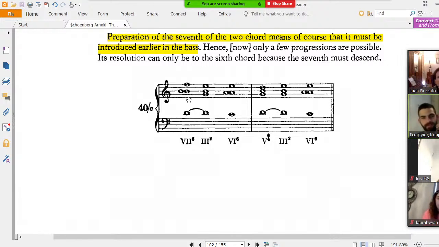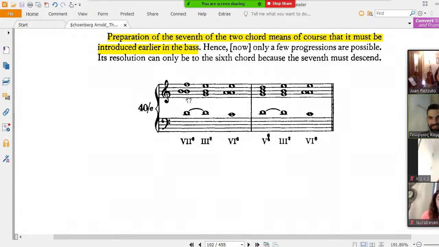Now he has the 6-3 and the 5-3. Of course, you can do the 2-3 to prepare the bass. He uses the 6th and the 5th as the examples here, but I assume these are not the only cases where we can prepare the seventh on the bass.